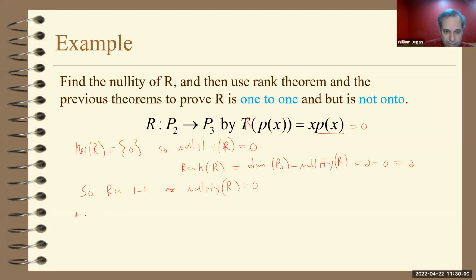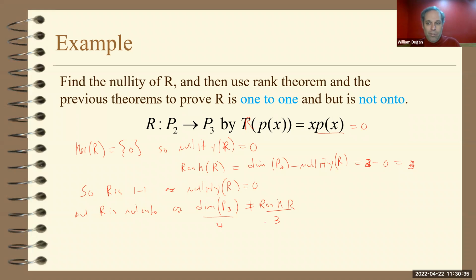But R is not onto as the dimension of the target space P3, and that dimension's 4, does not equal the rank of R, which is, oh wait, the dimension of P2, that's 3. Oops, 3. There we go, fix it. And that's 3. So this side's 4, this side's 3. They're not equal to each other. So then R can't be onto.